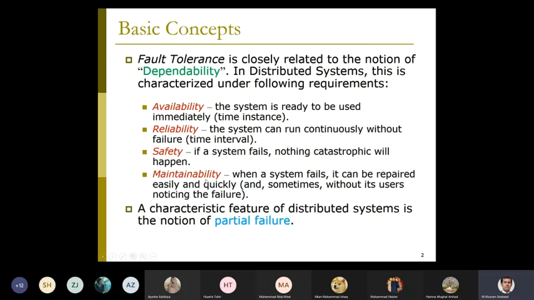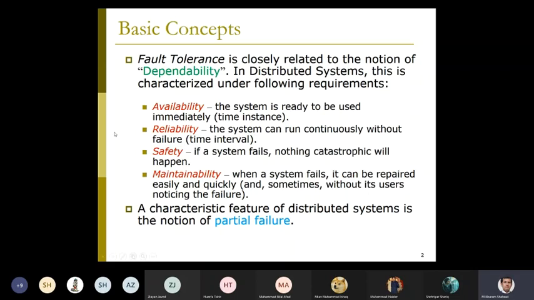In order to make sure about fault tolerance, we have to fulfill the dependability characteristics. If these characteristics are ensured, we can say that the distributed system is dependable.